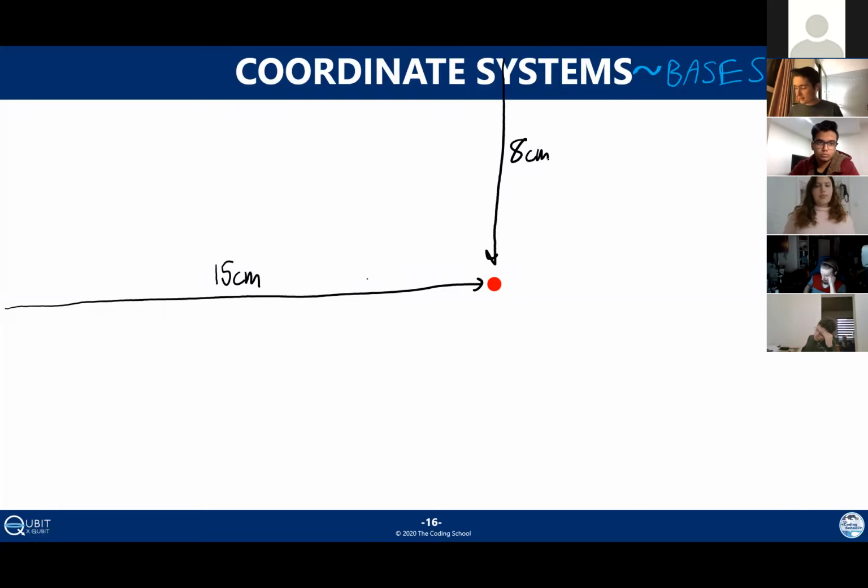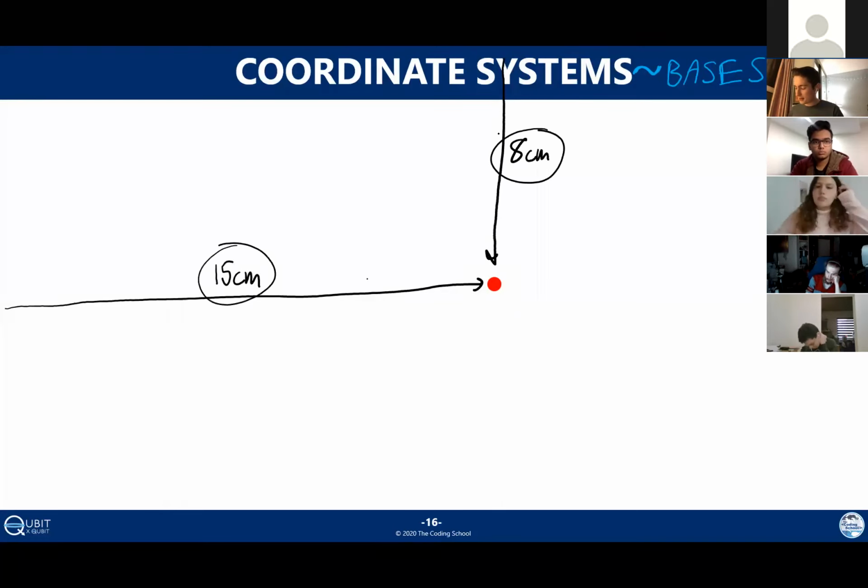Given just that information, these two numbers, 15 and 8, you would be able to tell exactly where this point is. And so that's the job of a coordinate system: to give you a way of describing where points are in space.